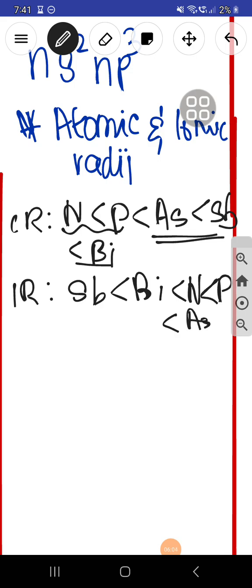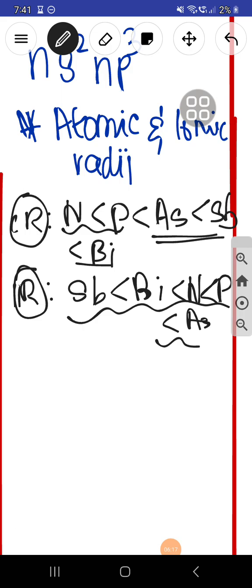These orders from the tables are very important. This is the covalent radii, and this is the ionic radii. Here we can see a variation in the ionic radii, which you all have to note.